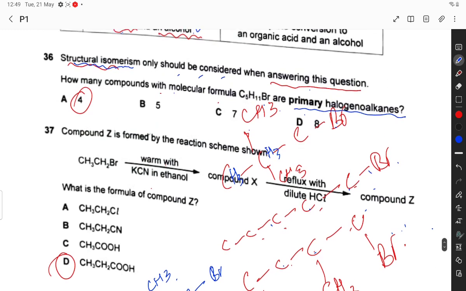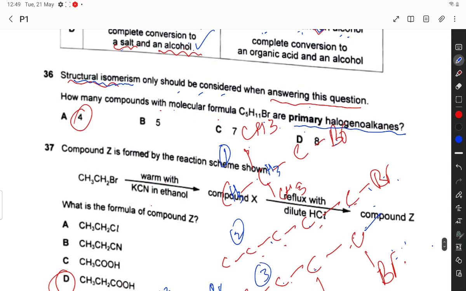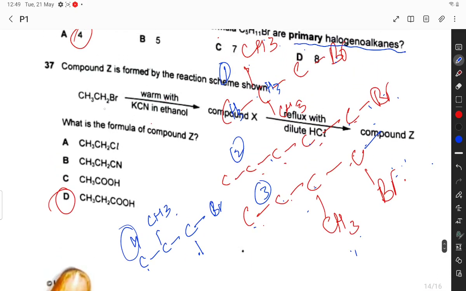Secondary. 1, 2, 3, 4. 1, 2, 3. 1 is this, 2 is this, 3 is this, and 4 is this. So 1, 2, 3 and 4 isomers. So that's why 4.